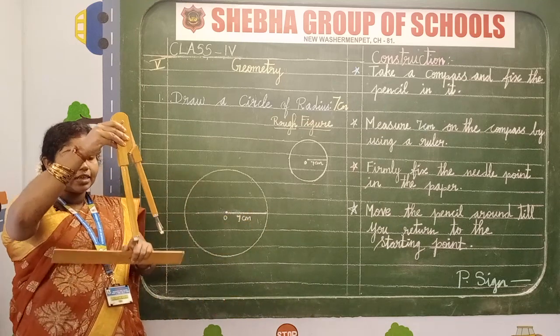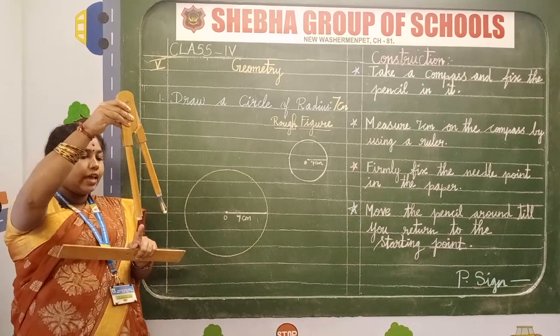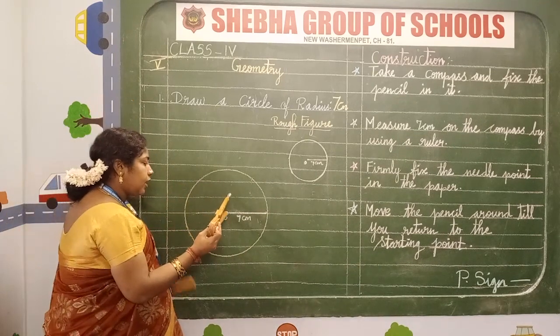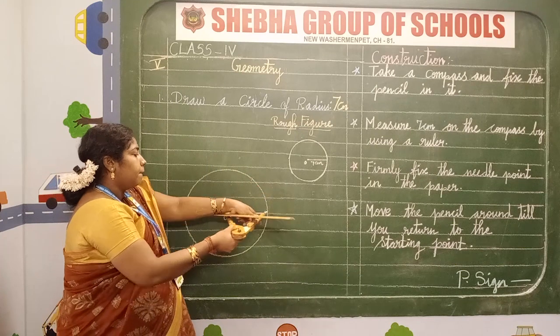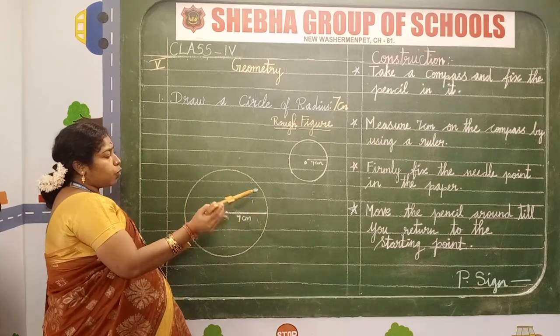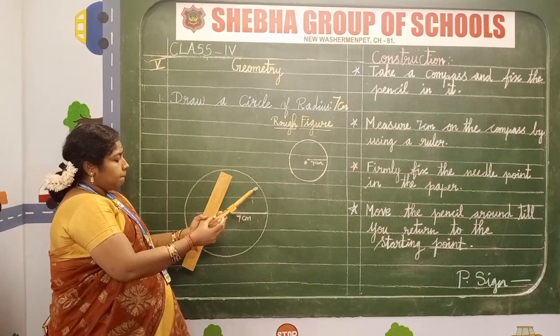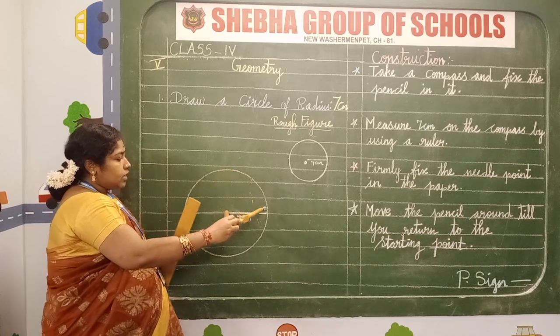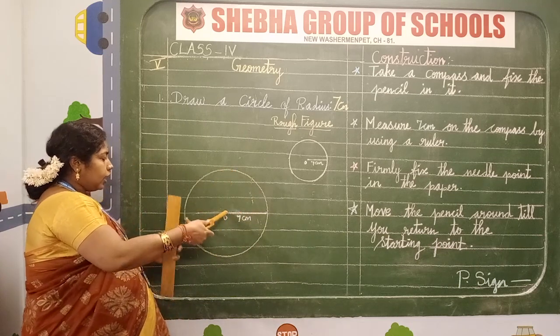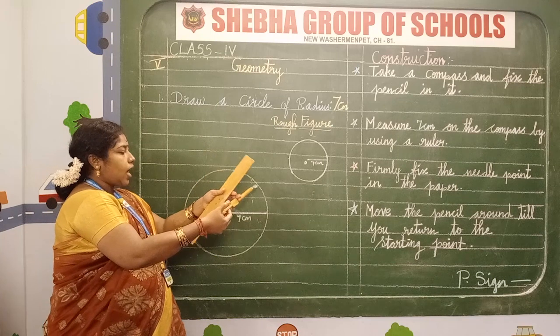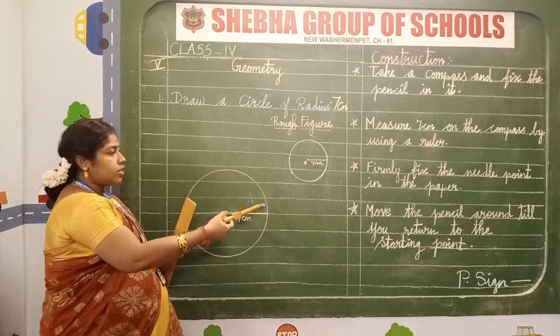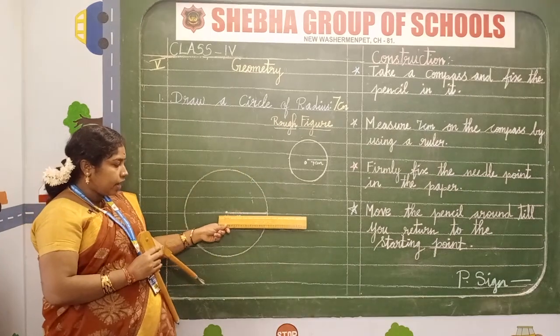This one is the needle point. Can you see? Yes. Firmly fix the needle point on the paper. Move the pencil around it till you return to the starting point. Clear, children?